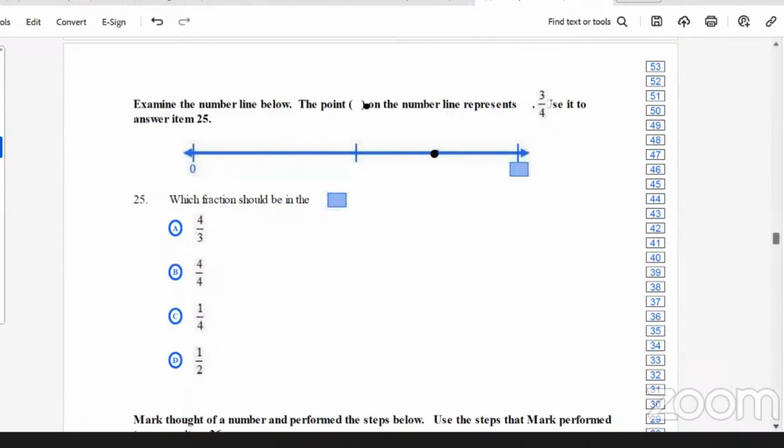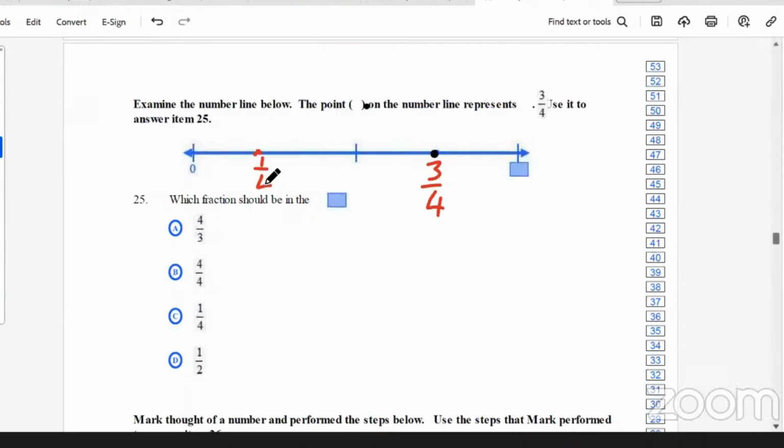So here we have 3/4. 3/4 is 3/4, right? So if we're looking at this line, then we could have another dot here. Hold on. Okay, so we could have another dot here. And so this dot right here would have represented 1/4, right?